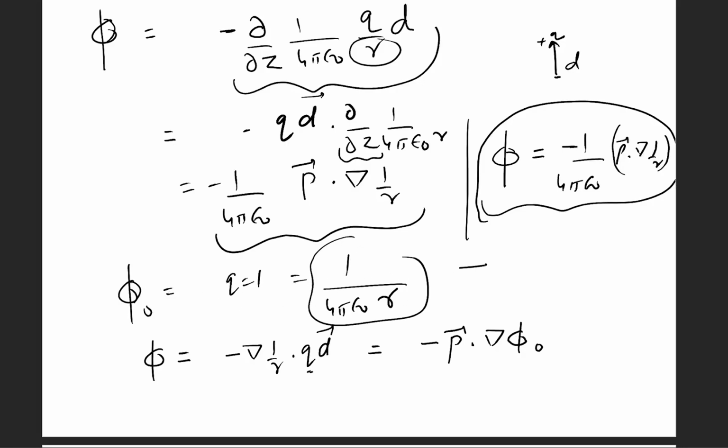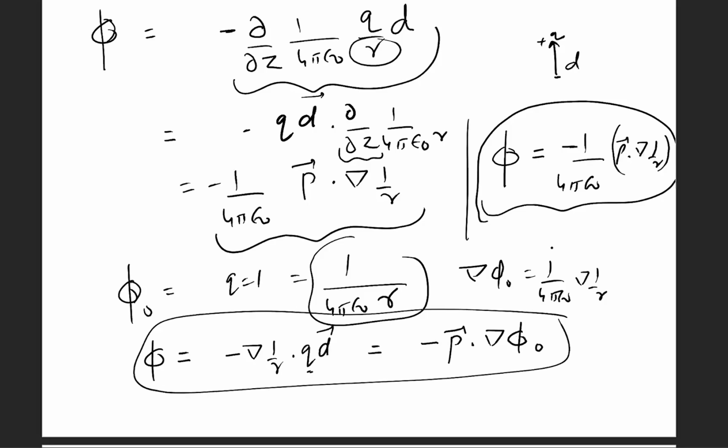So del of phi naught is simply 1 by 4 pi epsilon naught del of 1 by r. So instead of remembering this full equation, we can remember that the potential due to a dipole is simply minus p dot gradient of phi naught, where phi naught is simply the potential due to a unit charge at the origin.